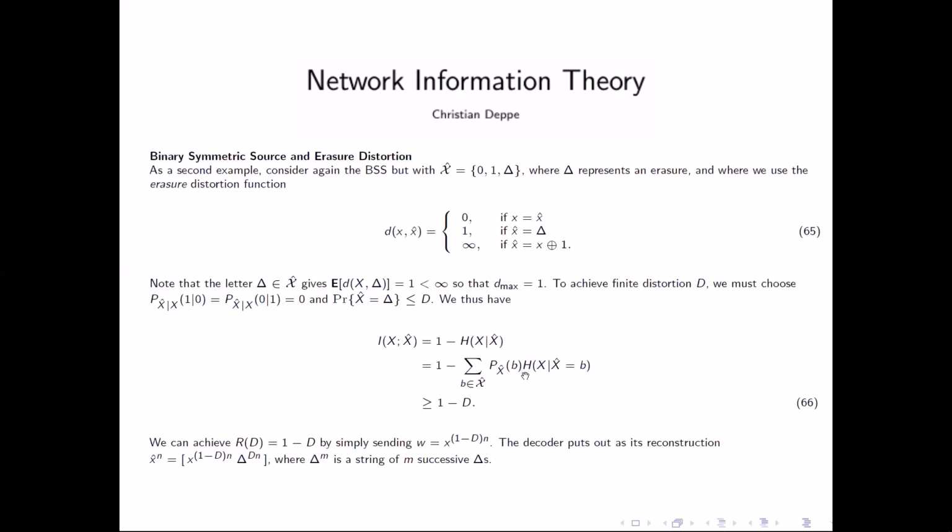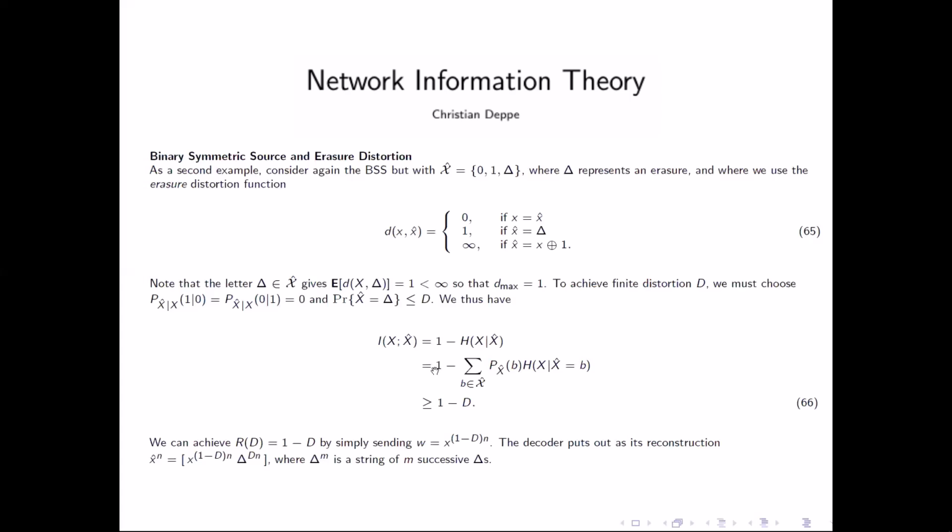So in this case, the entropy is also 0. The only case in which the entropy is not 0, and in this case it's equal to 1, is if x hat is equal to delta. Because then we don't know if it was 0 or 1 and it has equal probability. So in this case, the entropy is really 1.